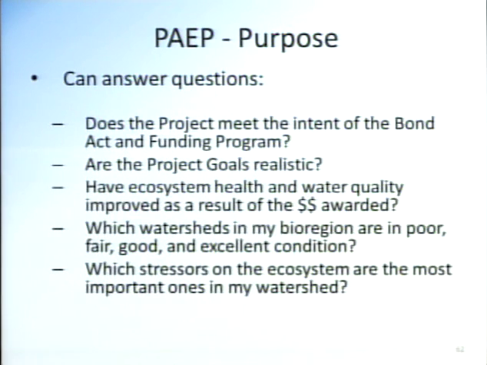Some of the questions that we'll look at are about water quality improvements, obviously, and ecosystem improvements that we're looking for and how we measure those. What's the assessment of the watershed could potentially be a purpose of the PAEP, or what stressors are we looking at. These are the sorts of things that we think about as we're looking at project effectiveness and developing the PAEP.